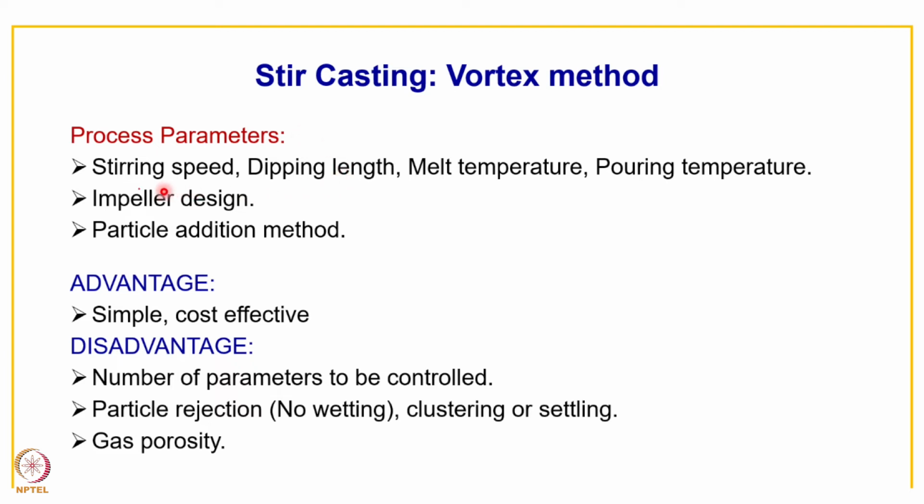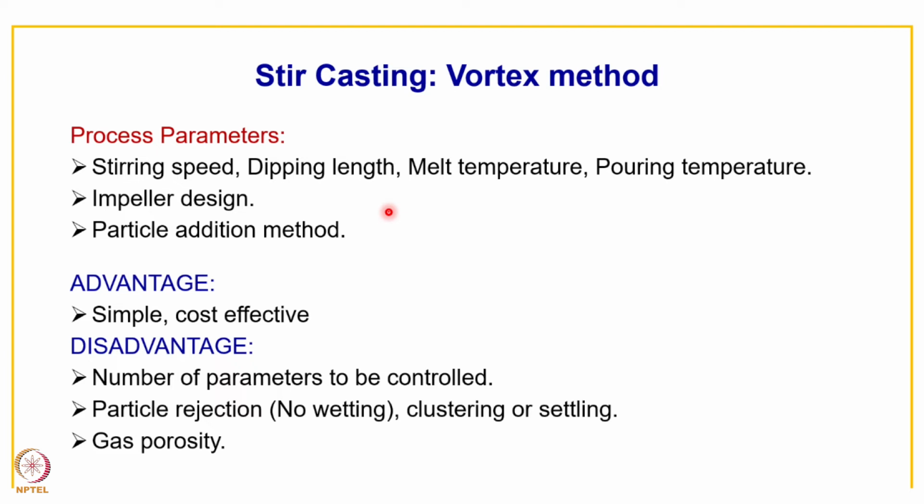So the main process parameters are the temperature, both the melt temperature as well as the pouring temperature, the stirring speed, and also the dipping length of the impeller. At what depth the impeller has been inserted into the material, that is also going to have some effect on the vortex which is created by the rotation, okay.